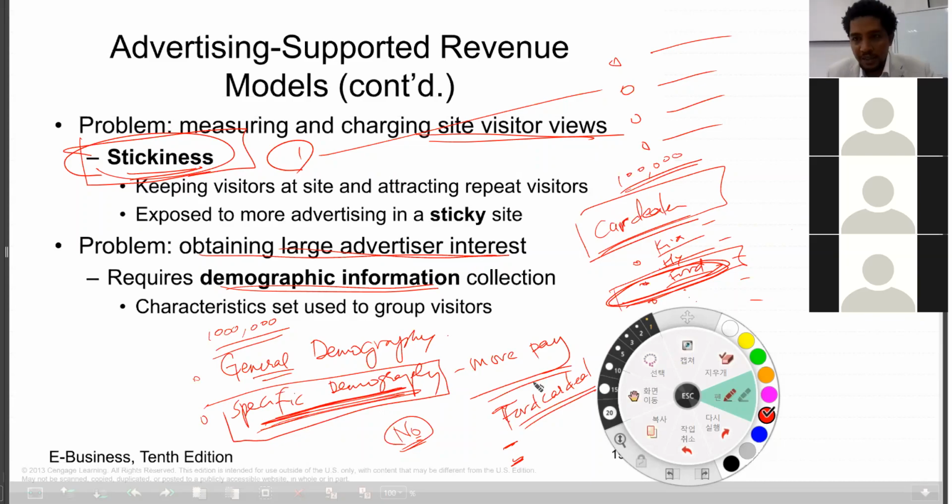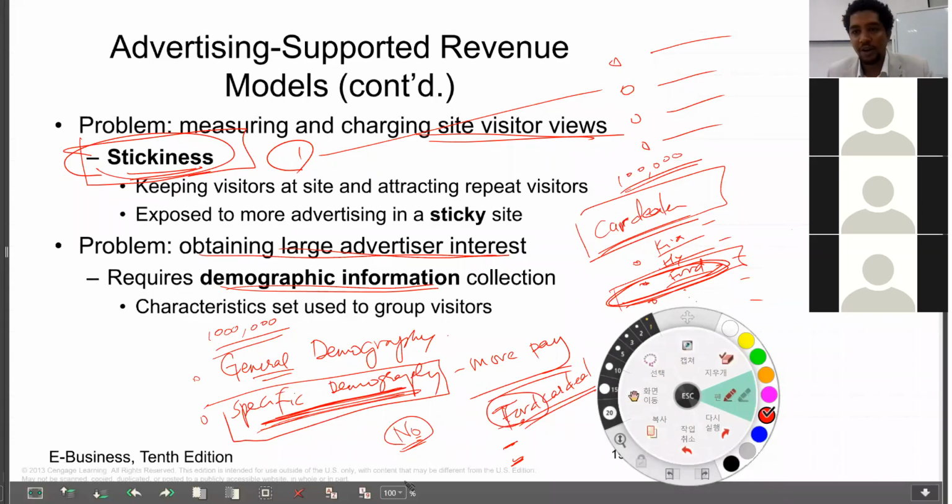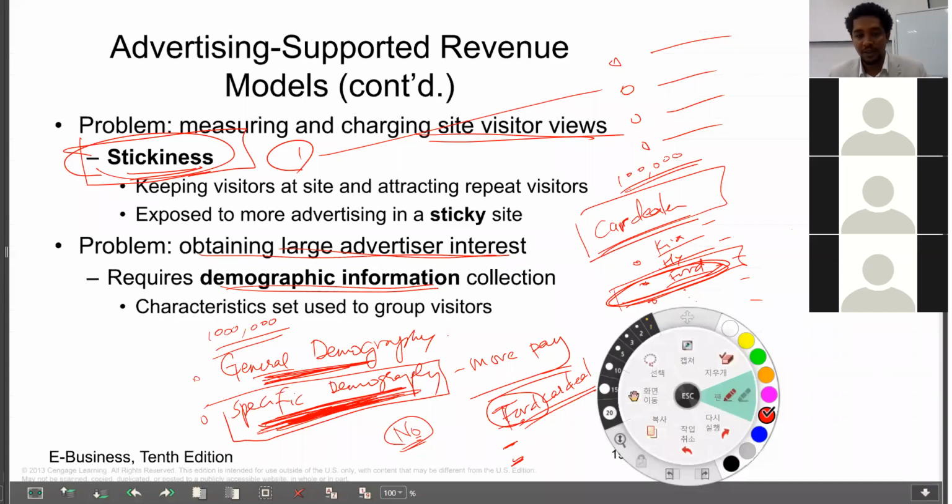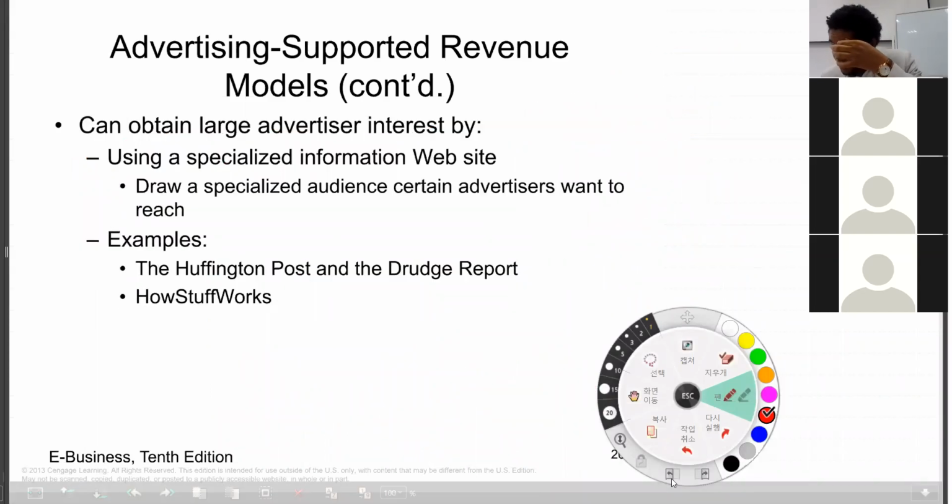So we can track this customer, we can target this customer, because we know that this customer is interested in our cars, okay? So as a business, they prefer to pay more for a business that has specific demographics than one which has general demographics, because it is easier for the companies to specifically target these customers. Okay, so I hope it's clear.